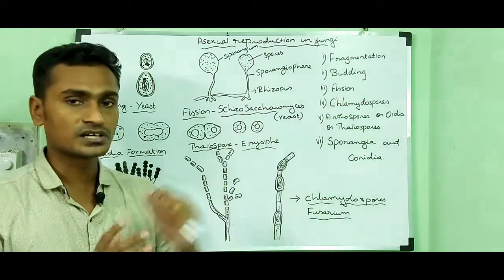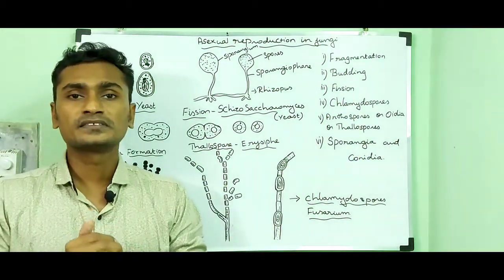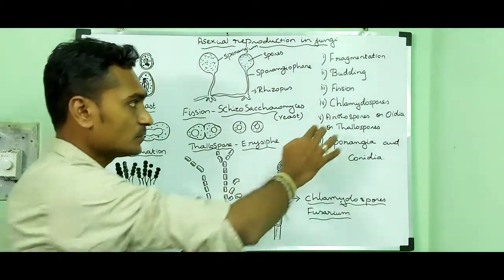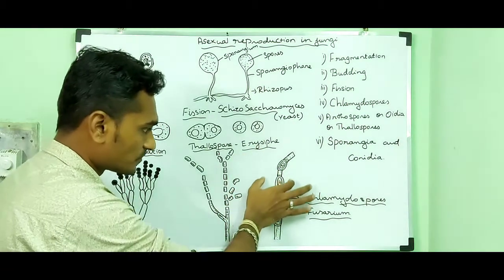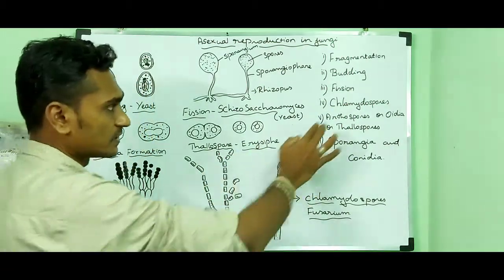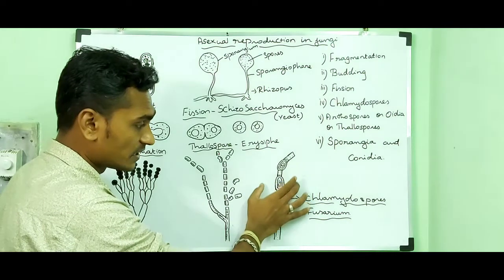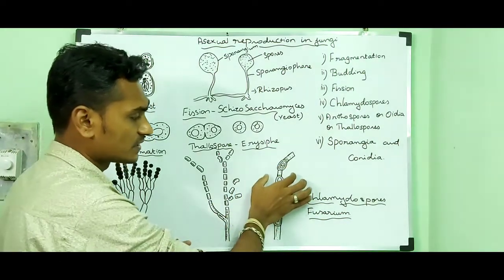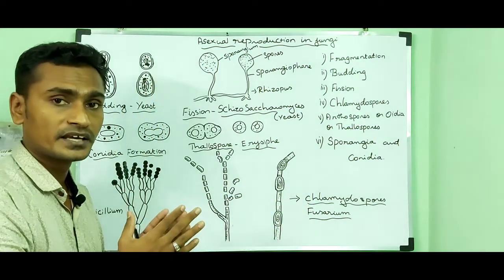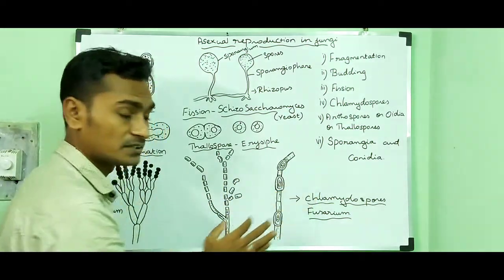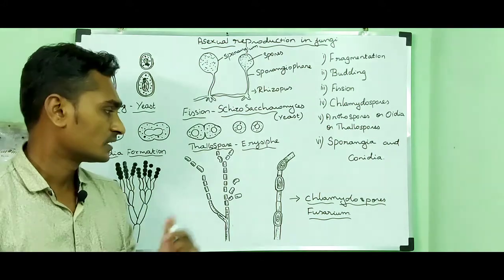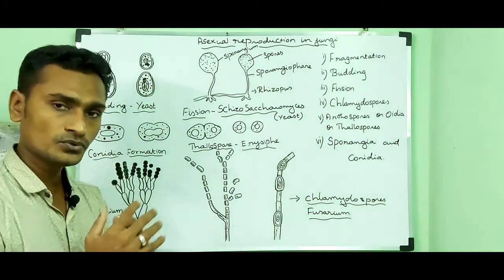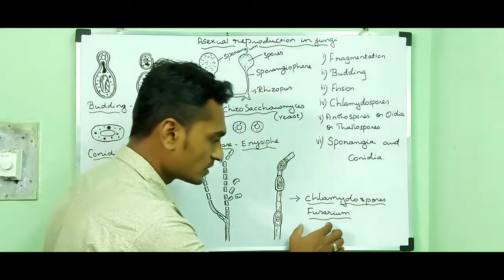These chlamydospores are not detached from the hyphae. When the hyphae get detached, the other portion of the hyphae may die, but these chlamydospores remain viable. During favorable conditions, these chlamydospores can give rise to new fungi. For example, Fusarium.